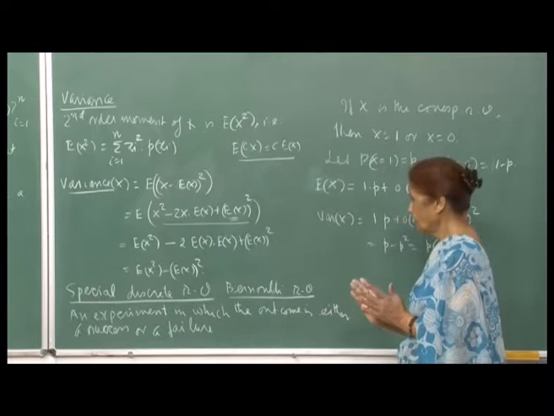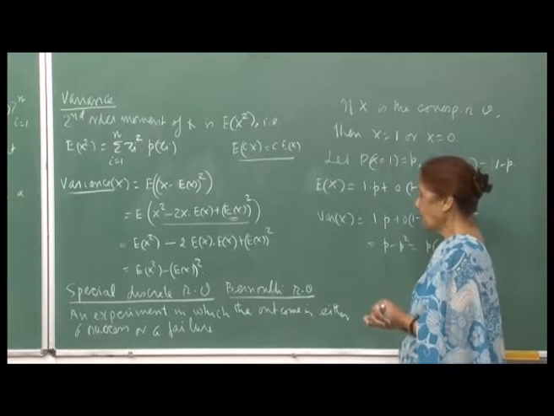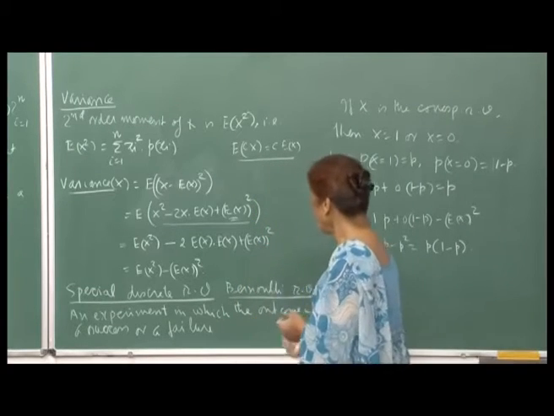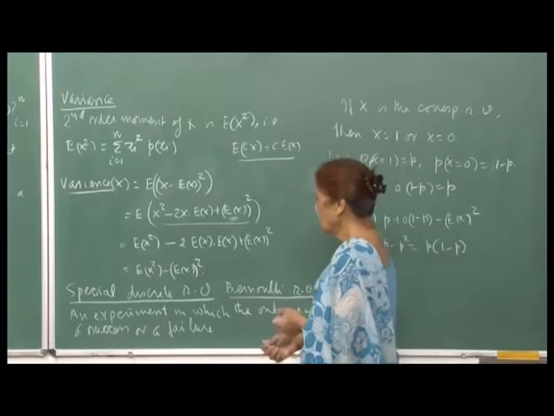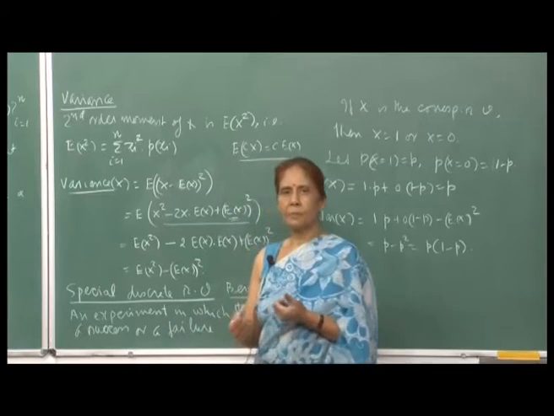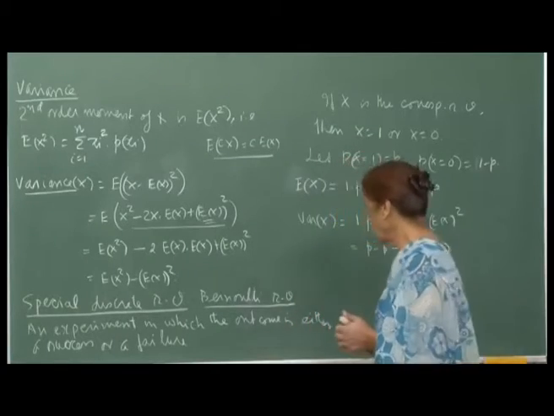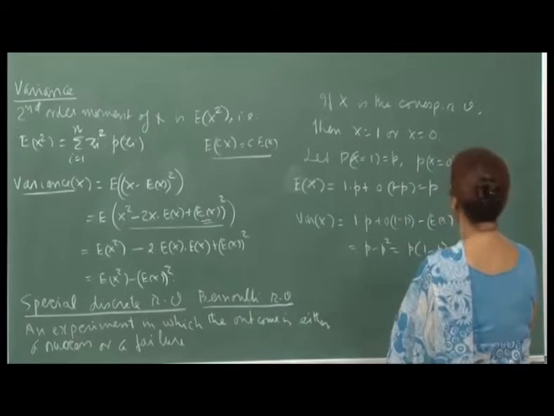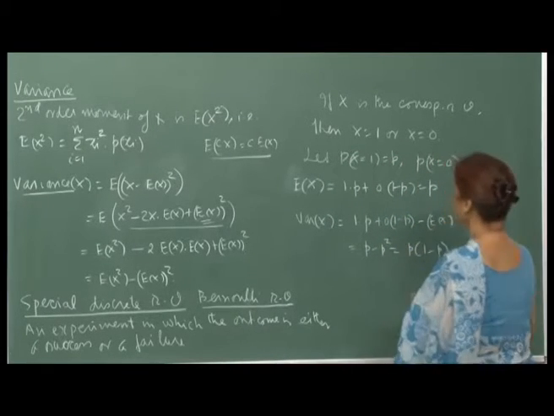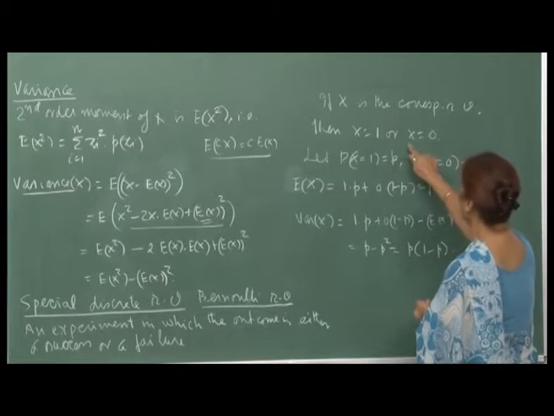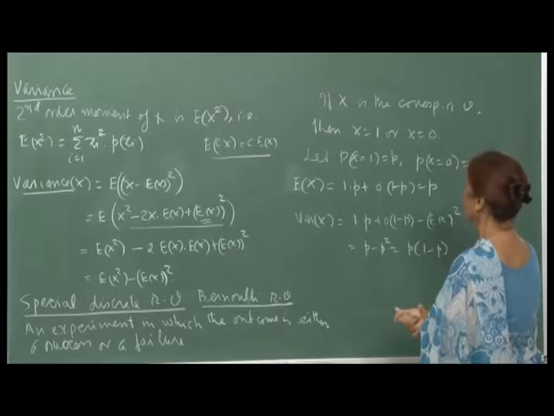You perform an experiment, and the outcome would either be a success or a failure. So, for example, if you toss a coin, you can say that coming of a head is a success, and coming up of a tail is a failure. And so, the values that x will take, we associate x equal to 1 with the success and x equal to 0 with a failure.